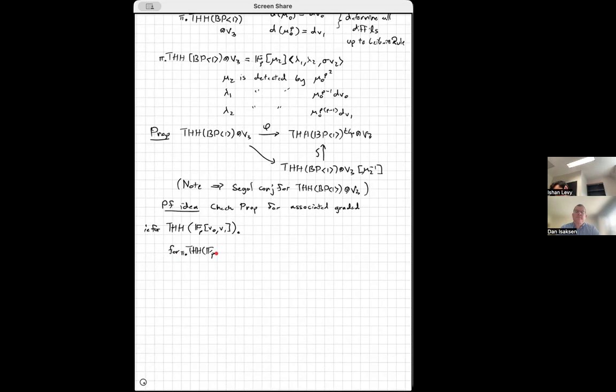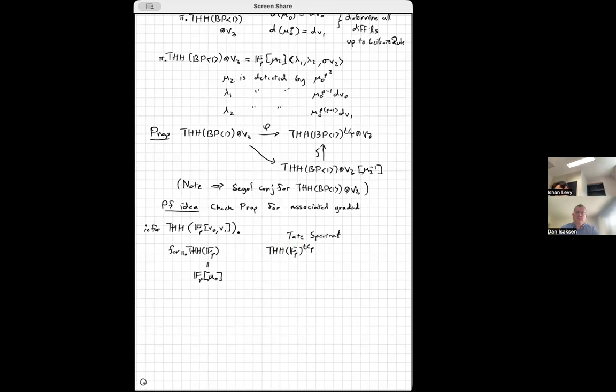So let's recall that the homotopy groups of THH of FP mod P are just a polynomial ring on a single generator over FP, mu0. And there's a Tate spectral sequence for computing the Tate construction on this THH of FP.